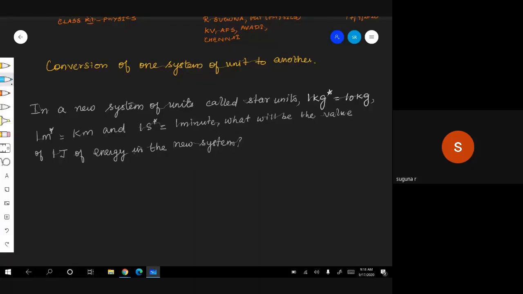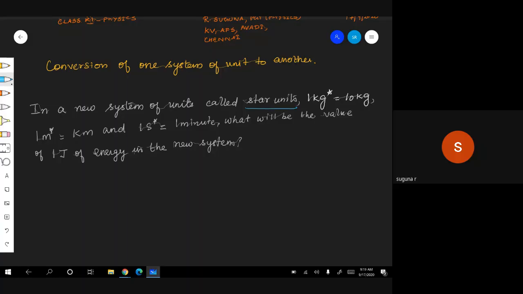There is one unit called star unit. Actually, there is no such unit, children. This is a different type of problem we are going to solve: converting the MKS system to a new system of unit called star unit.